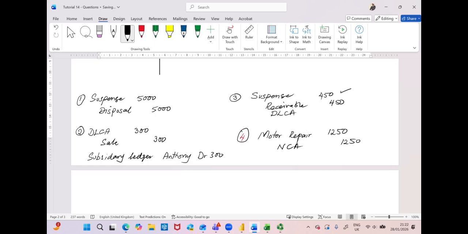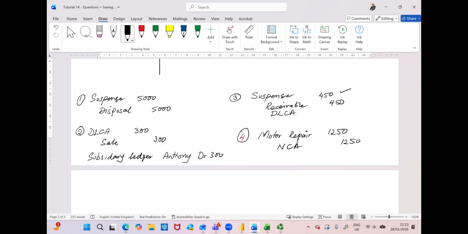So now both the accounts have been updated, and you can see there's no effect going into the suspense account, because there were two accounts which were not updated, which needed rectification or correction. So the suspense account will not be affected.